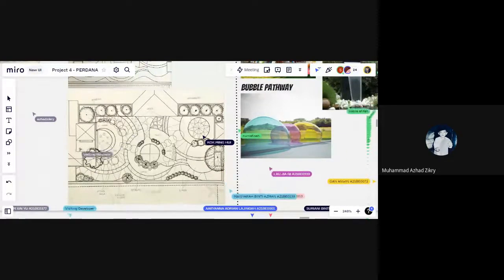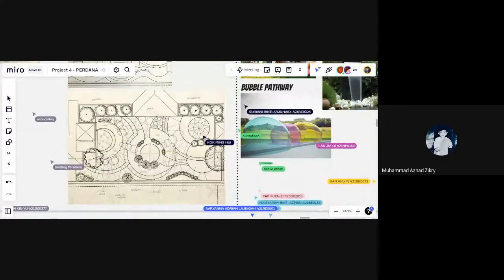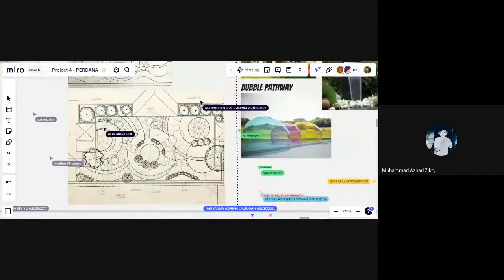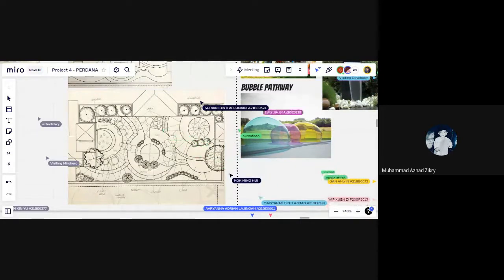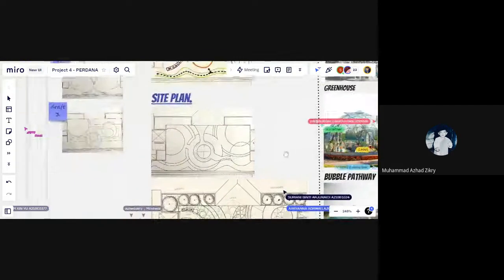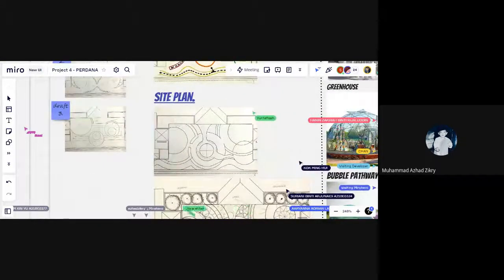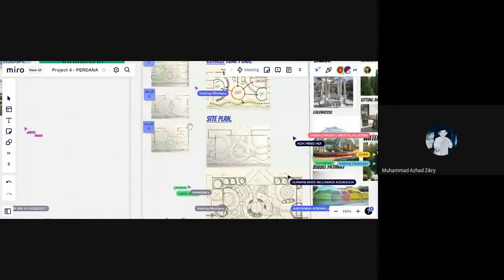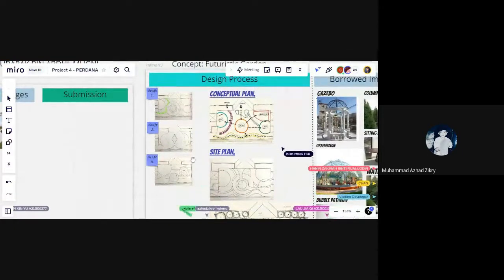Bismillahirrahmanirrahim. Assalamualaikum warahmatullahi wabarakatuh to Cik Den, Madam Shikin, and Madam Ana. So this morning, I would like to present in more detail regarding my site plan. Last week, I started to send all my draft site plans to Cik Den.